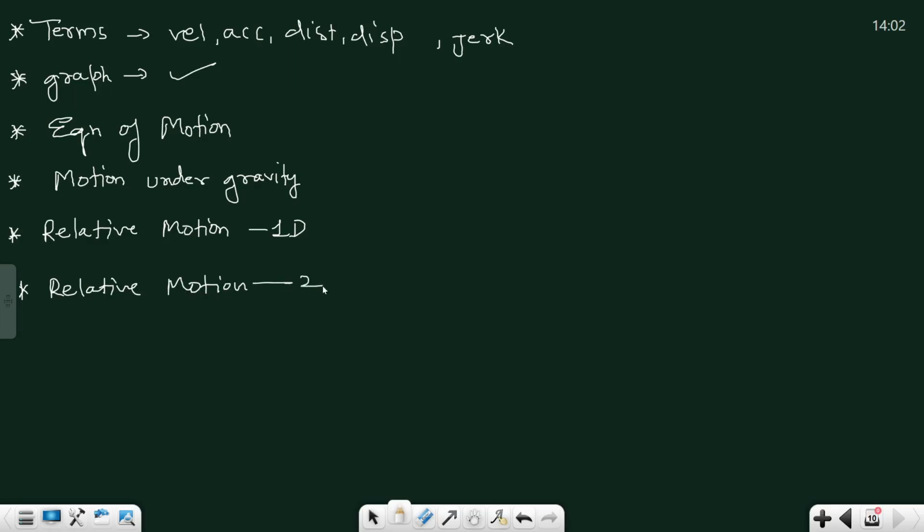From this topic your motion in plane will start. After this, projectile motion. The last one is circular motion.